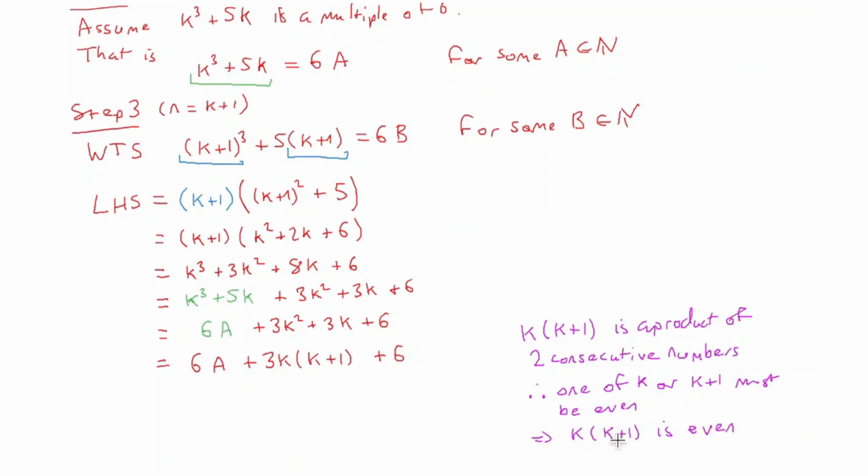So that means k times k plus 1 is an even number. Well, that means we can write it as 2 times something. So this is 6a plus 3 lots of, well, instead of k times k plus 1, I'm going to write this as 2, let's use a new letter, c, because k times k plus 1 must be even, plus 6.